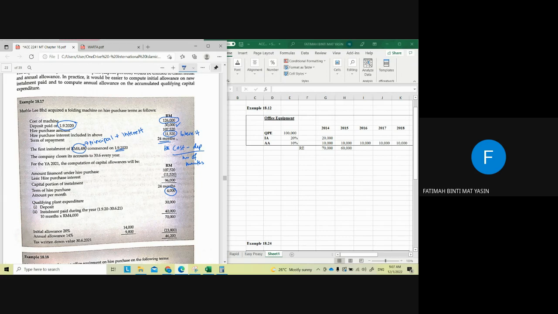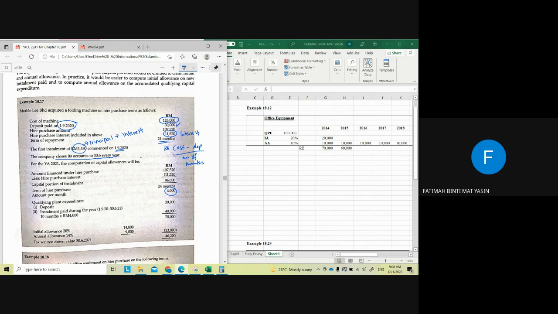Then you also need to know when the company can claim their initial allowance and annual allowance for that asset. When would be the first time the company can claim the capital allowance for this asset? If you look at this, the company closes its accounts on 30th June every year.